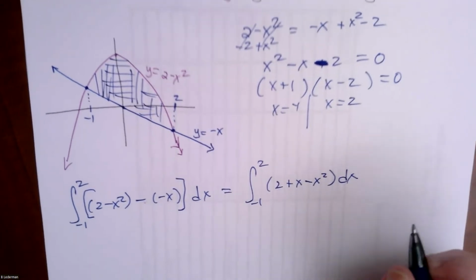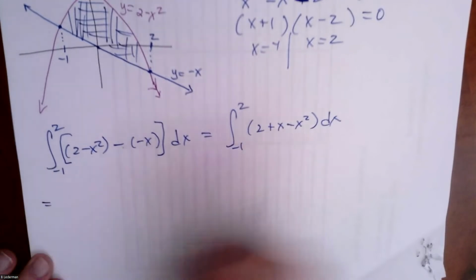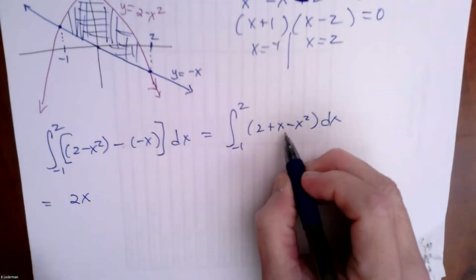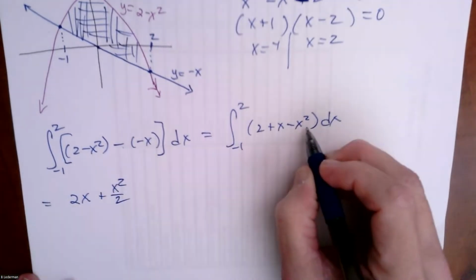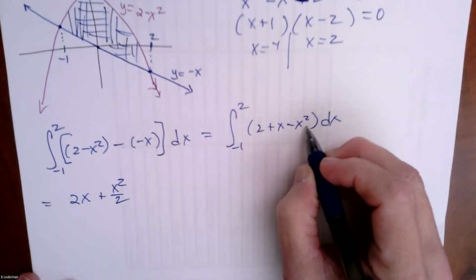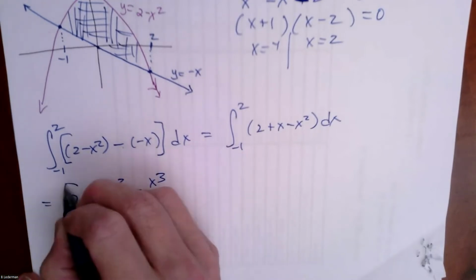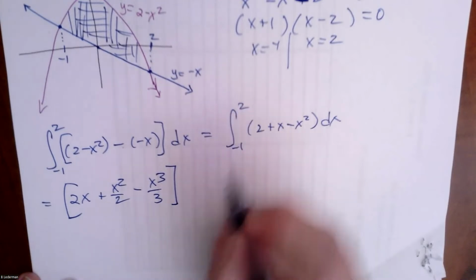And this is a very, very easy integral to integrate. This is just equal to the 2 becomes a 2x. The x becomes an x squared over 2. The x squared becomes an x cubed over 3. And I'm evaluating this all between -1 and 2.